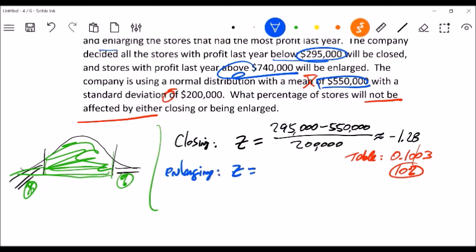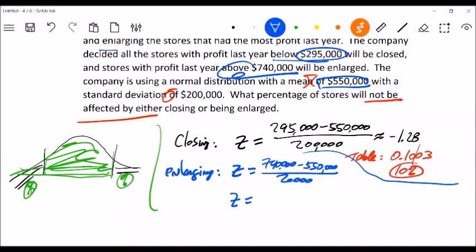The z-score for that is going to be the 740,000 minus the 550, so let's make this a much better number, over the 200,000.